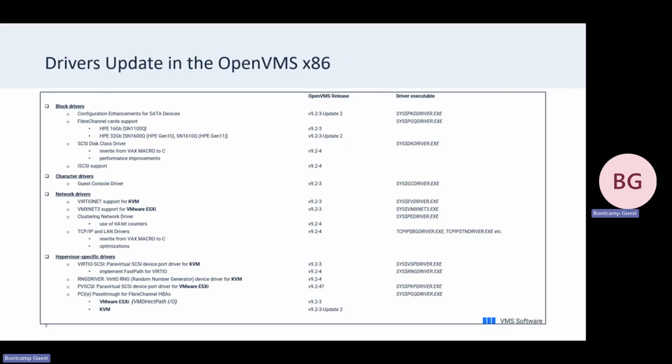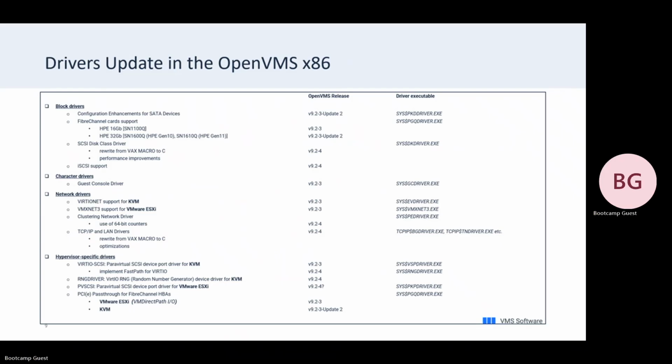Paul Jacobi gave a presentation yesterday about this feature. And of course, as we will see later, for the PCI pass-through support in both KVM and VMware. Then a work that is in progress from the Greek team is rewriting the DKDRIVER SCSI class driver from VAX MACRO to C. This is the first part of this procedure, and later, of course, we can make some performance improvements.